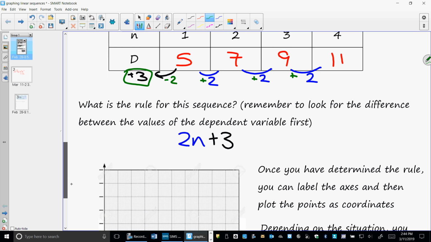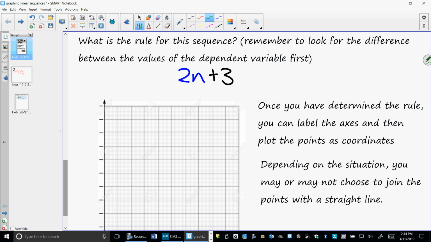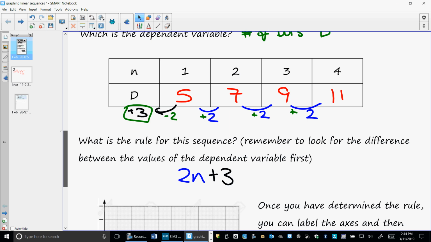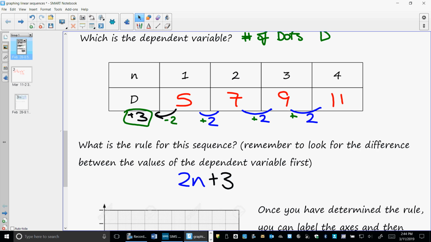Yeah. Right, okay, once we've determined the rule, you can label the axes and then plot the points as coordinates. Now, you all understand what I mean by coordinate, don't you? So, we just talked about which one was the independent and dependent, and where does the independent variable go?